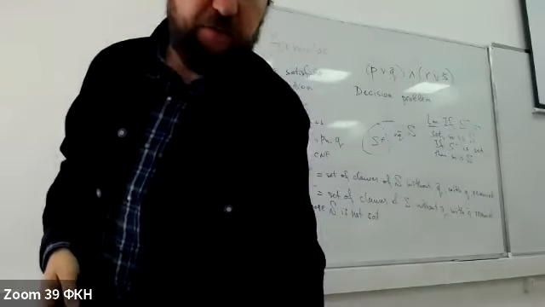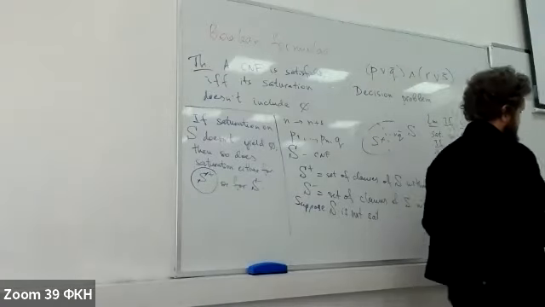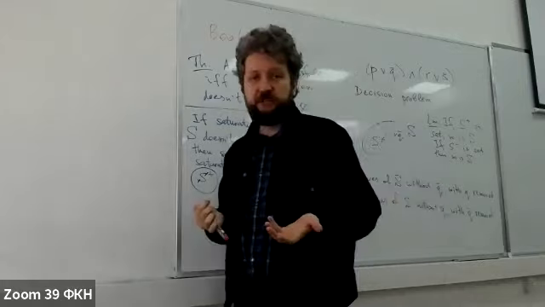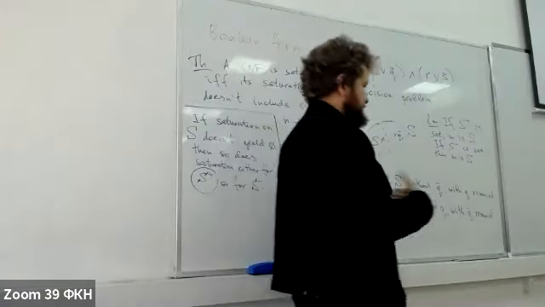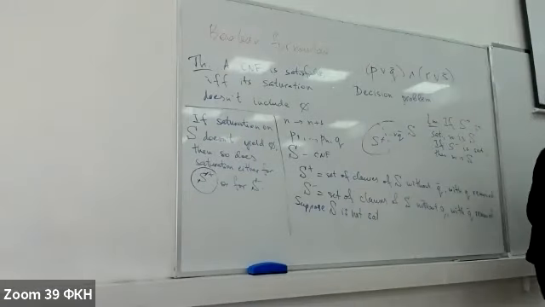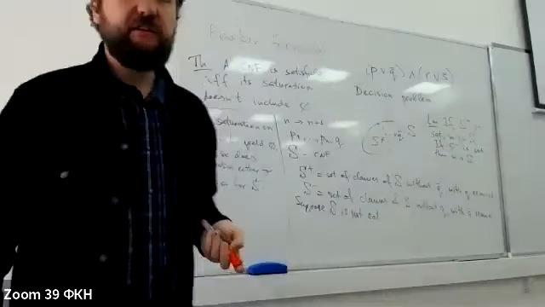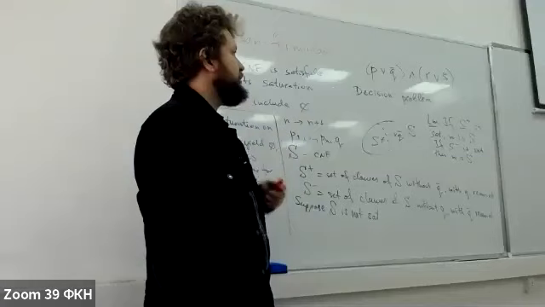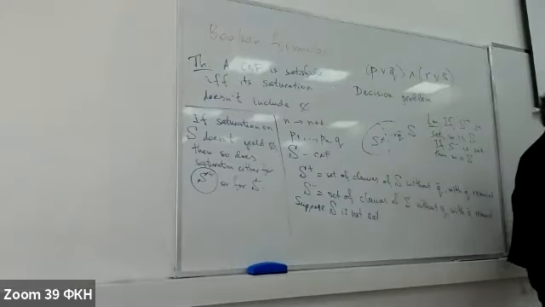A decision problem means that you have input data. Input data is some finite object. It could be a formula, a graph, a number, a string of symbols or something like that. And the answer is binary: it's either 0 or 1, yes or no. And the typical decision problem is the problem of satisfiability.